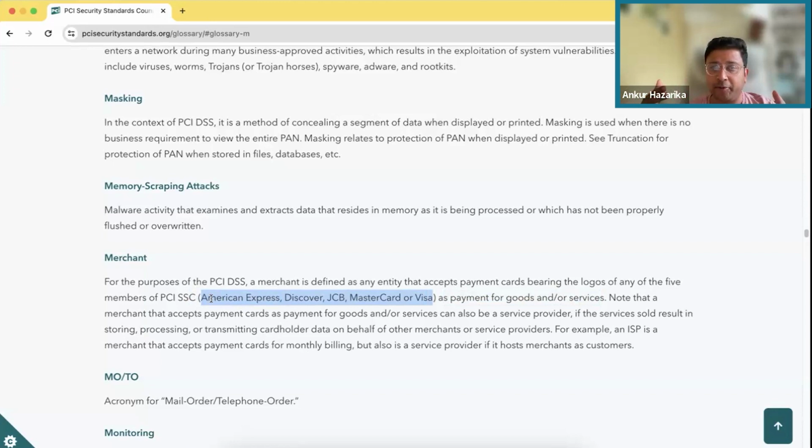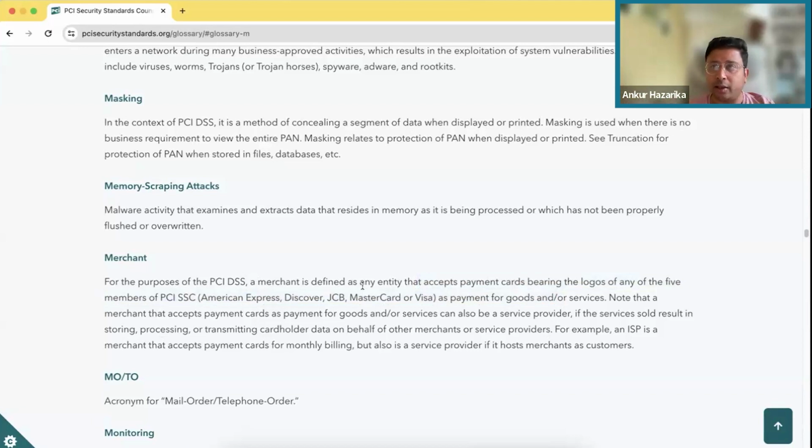But if I also offer hosting as a service, and I host another company's website, a company that accepts payment cards just like me, then I would also be called a service provider in the context of the PCI DSS.